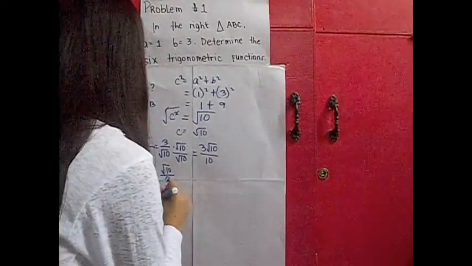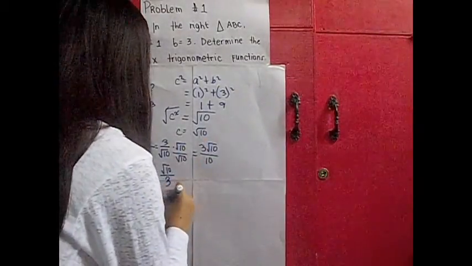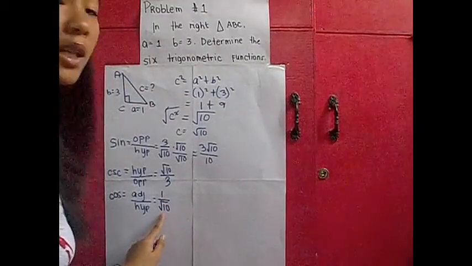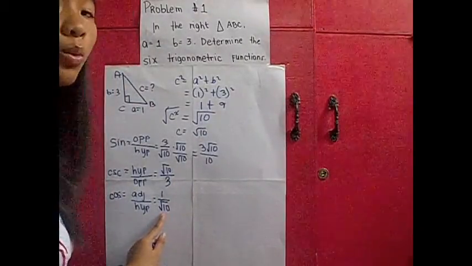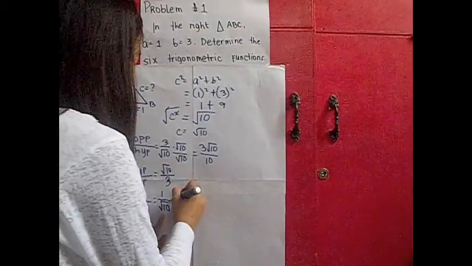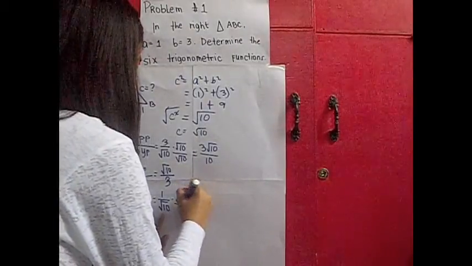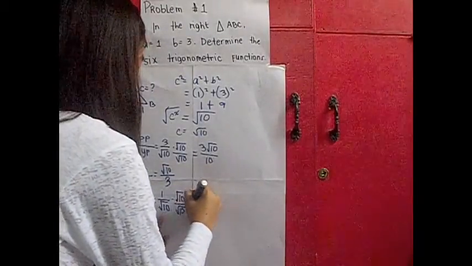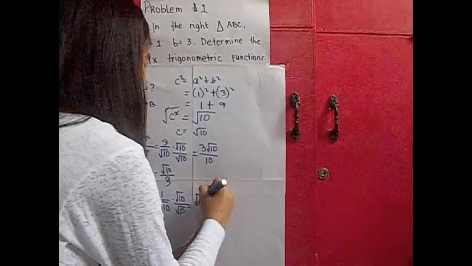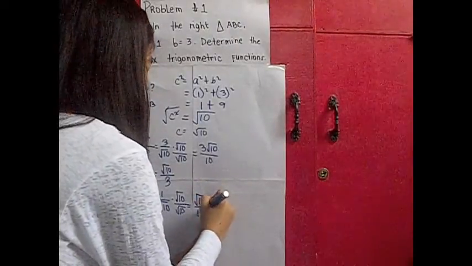The adjacent is equal to 1 over the hypotenuse, square root of 10. We don't allow a radical sign in the denominator, so we need to multiply by the square root of 10. It is equal to square root of 10 over 10.